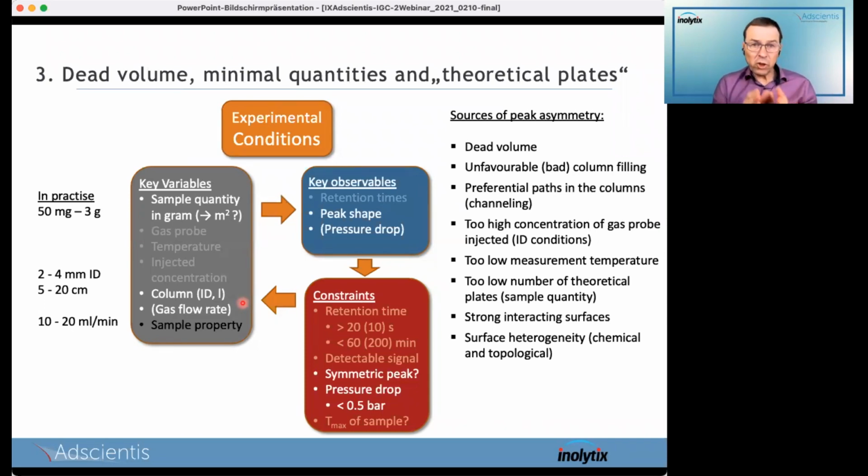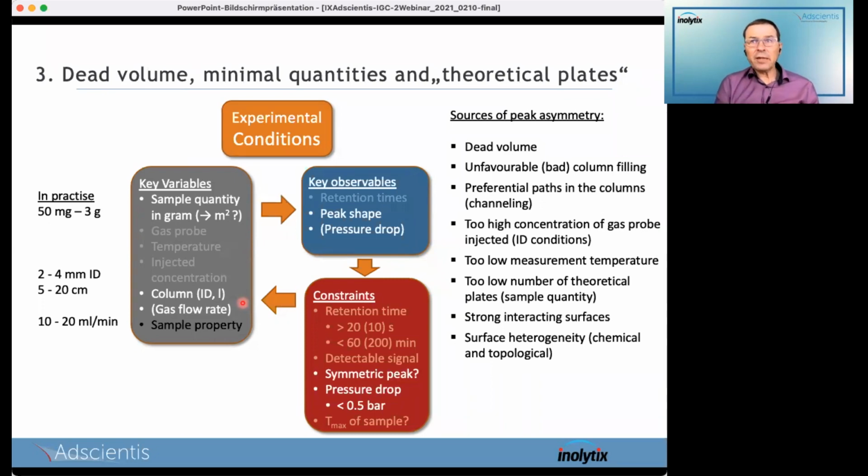There can also be channeling, and that happens with very fine powder. If the pressure drop is too high, then the gas flow finds a preferred way through the bed, and that is not the best way, of course. So this slight compacting and sieving is really a good way to avoid this.